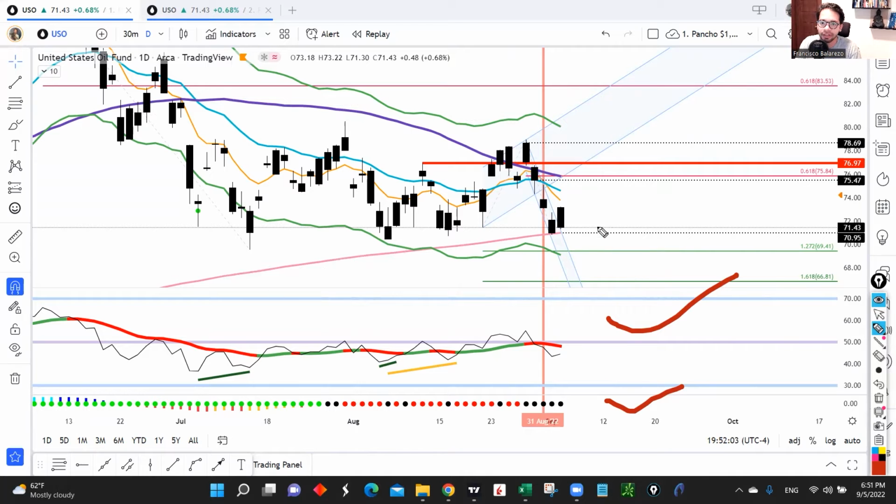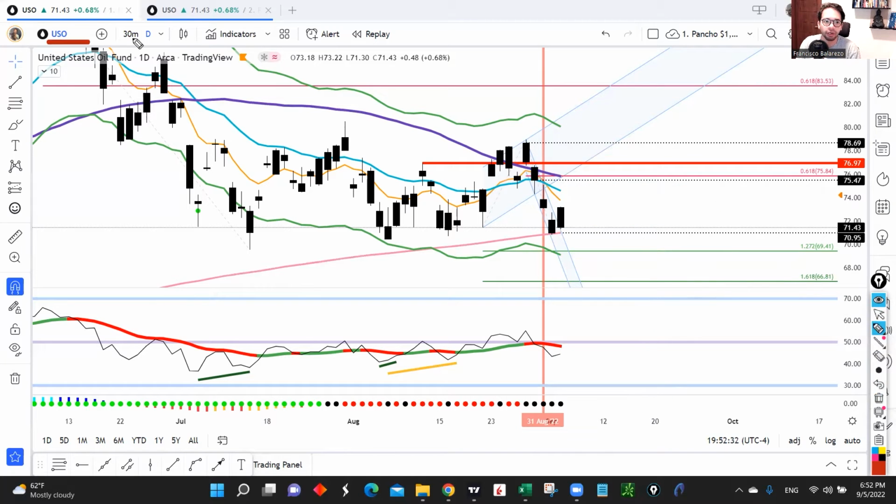The lines that I have here are the Keltner channels. I use a 2 ATR from the 21 exponential moving average. The purple line is the 50 daily moving average. The 21 exponential is the blue line. The 8 is the orange exponential moving average. And the 200 daily is the pink line on my screen.